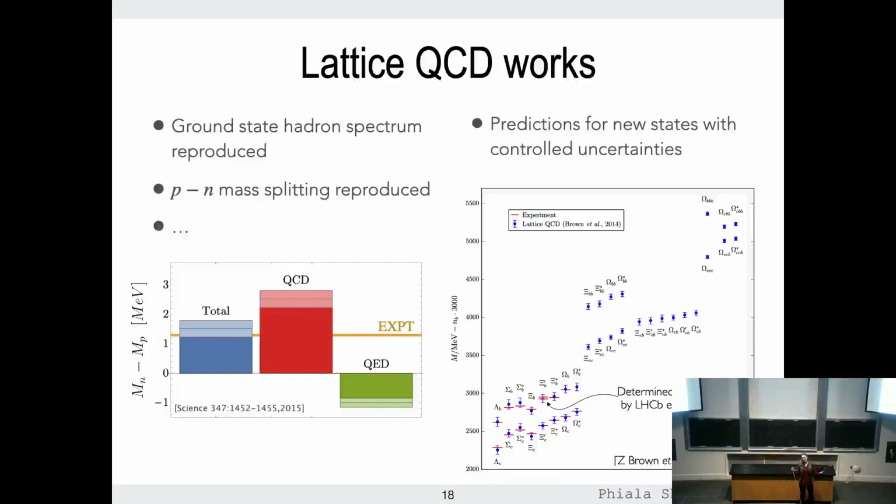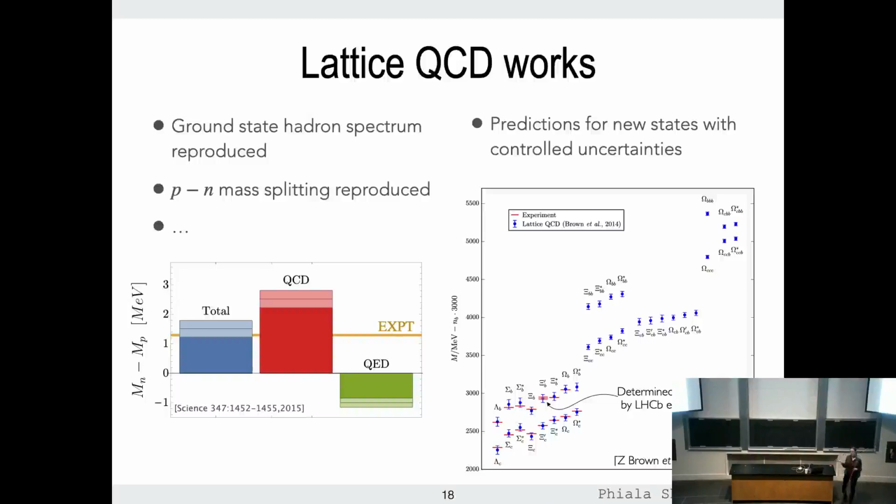And yet it works. So we are in an era of really high precision lattice QCD for at least simple aspects of the structure of, say, protons and neutrons. This is really in the last few years. This is from about 10 years ago now. This is the start of that precision era of lattice QCD that we're now in. Just a couple of examples. This is the proton-neutron mass difference.